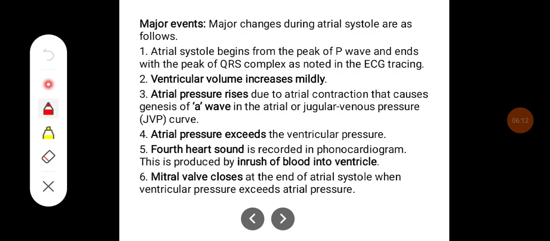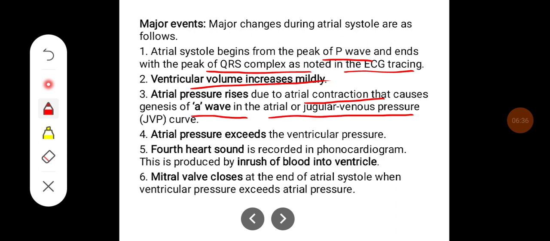The major events that occur during atrial systole are: the atrial systole begins from the peak of the P wave and ends with the peak of the QRS complex as noted in the ECG tracing. During atrial systole, ventricular volume increases mildly. Atrial pressure rises due to the atrial contraction that causes the genesis of the A wave in the atrial or jugular venous pulse, or JVP curve.